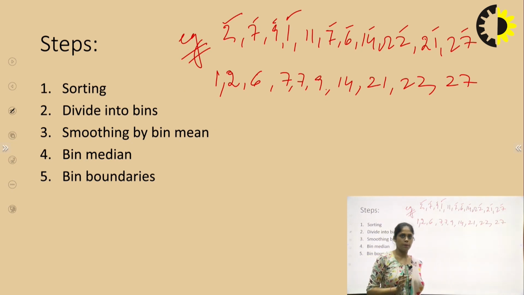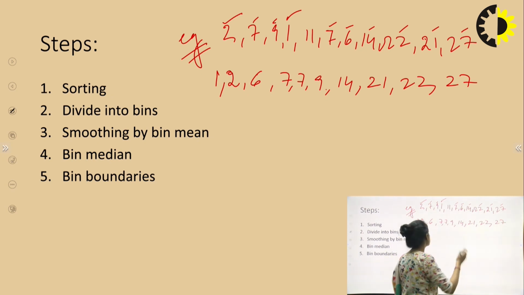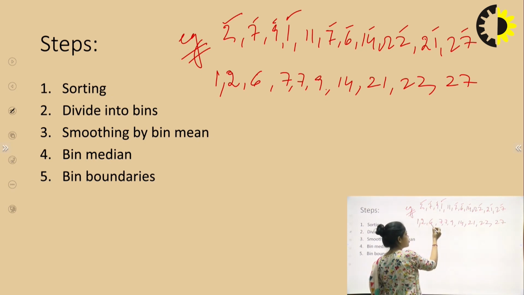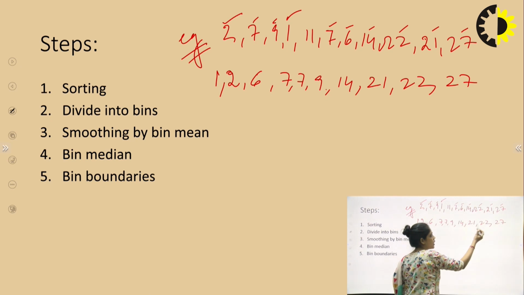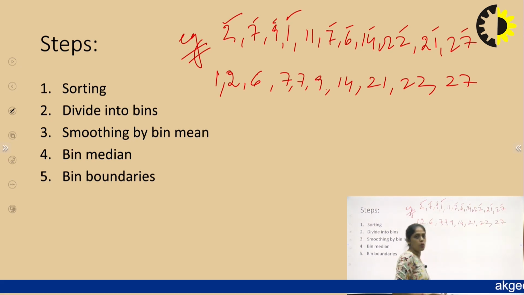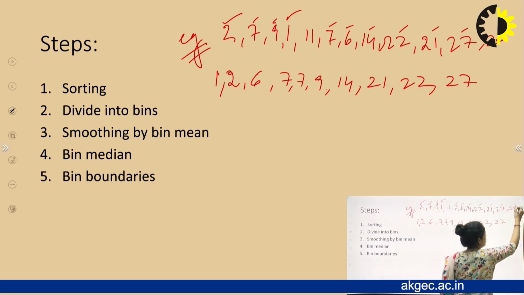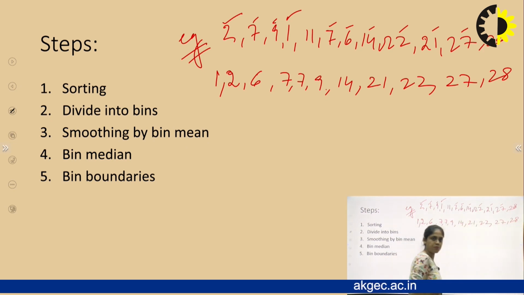It is like this. After sorting, the next step says divide into bins. We are going to divide the given values in the bins or buckets, you can say. Here total number of values are 1, 2, 3, 4, 5, 6, 7, 8, 9, 10. So how am I going to divide it? Let's take one more number, that is 28.